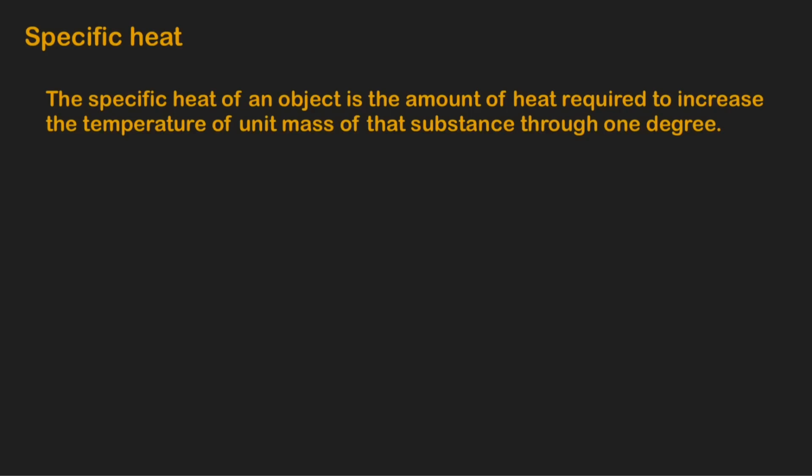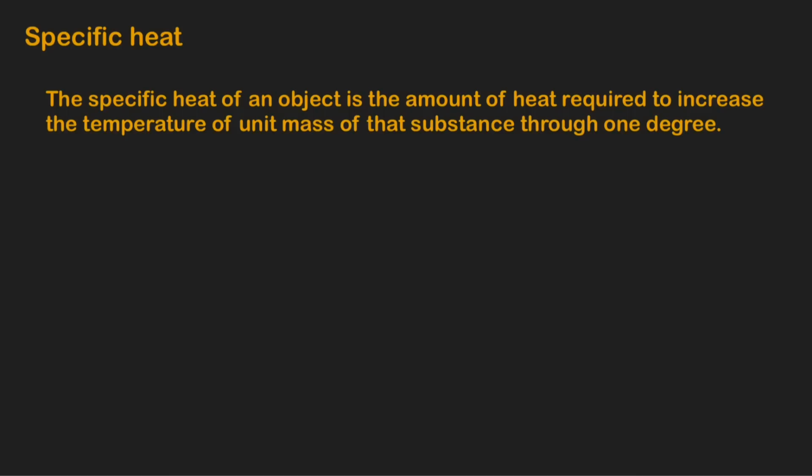Now the next point is the specific heat. Here is the definition of specific heat. The specific heat of an object is the amount of heat required to increase the temperature of a unit mass of that substance through 1 degree.